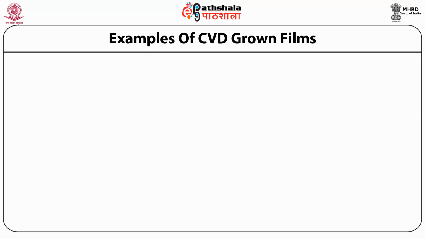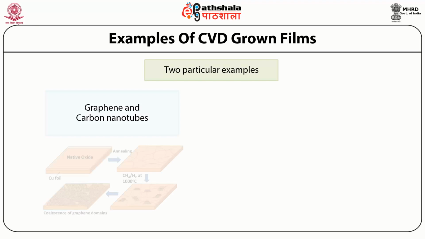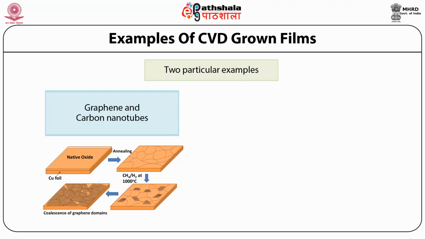Examples of CVD grown films. Students, these are two particular examples of CVD grown films. On the left hand side we have graphene and carbon nanotubes, where we have a copper foil, and on annealing in CH4/H2 at 1000 degrees Celsius there is a coalescence of graphene domains.